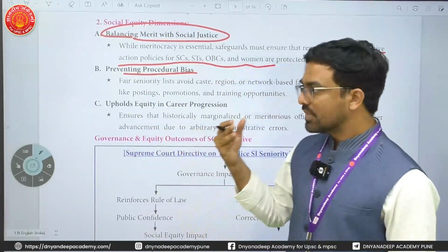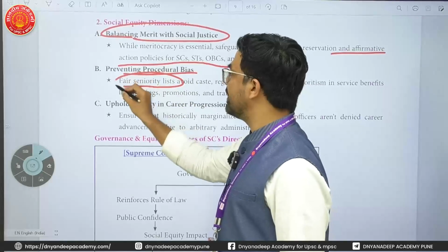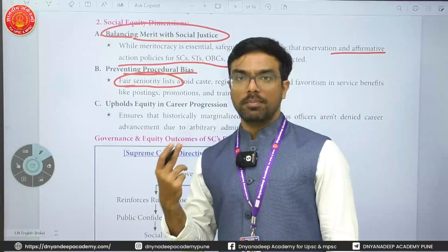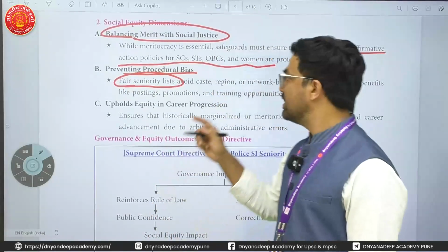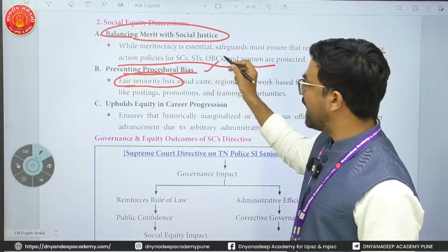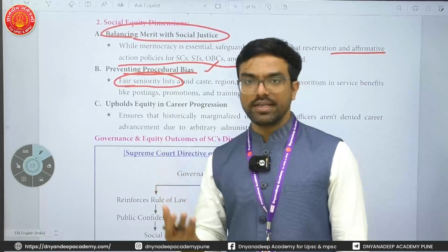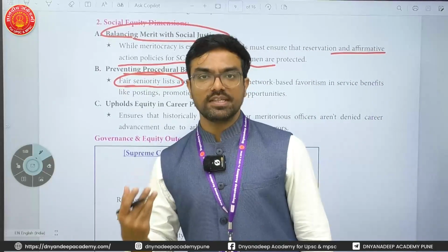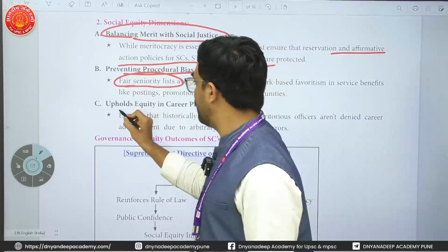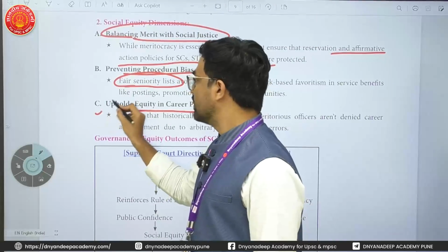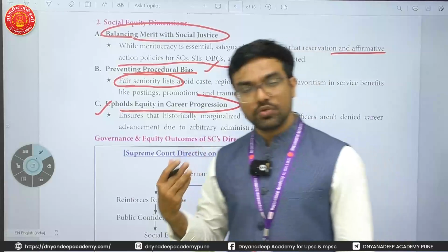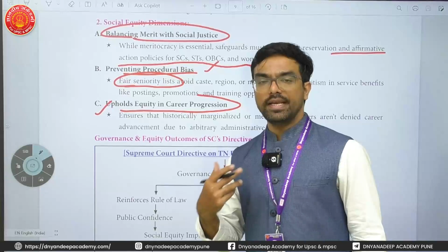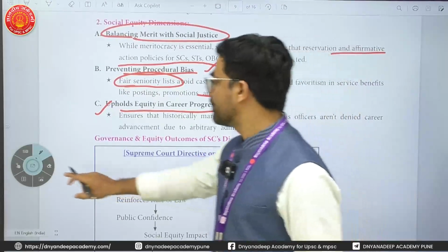Because the directive says that there should be a fair seniority list. It should be based on performance in the recruitment test. So it ensures there is no procedural bias in favor of those who have served earlier in the service, rather it should be based on merit performance in the recruitment test, right? It also upholds equity in career progression. So these are the social justice dimensions, the role of the Supreme Court directive in ensuring social equity.